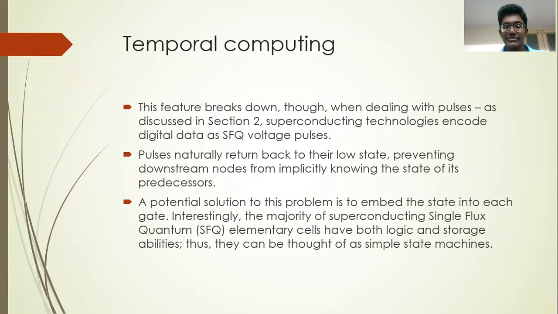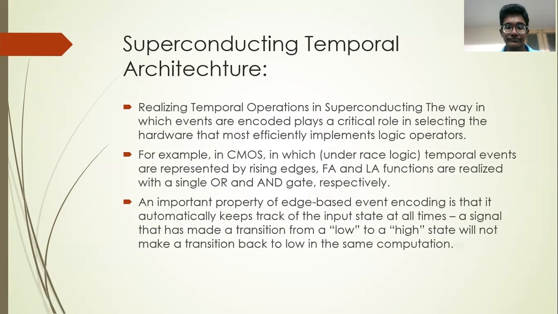Whereas in the previous slide we have seen that the signal wouldn't come back to the low state easily. That is an important property: a signal that has made a transition from a low to a high state will not make a transition back to low in the same computation.